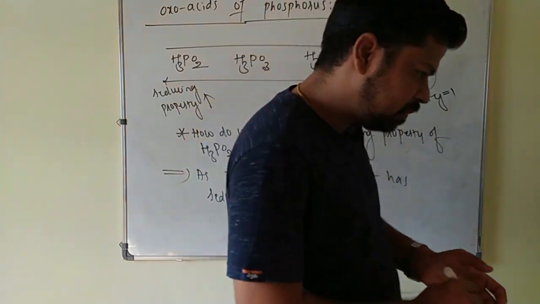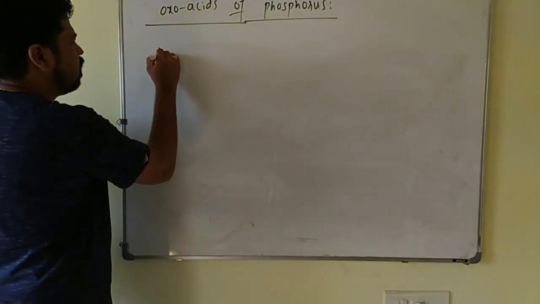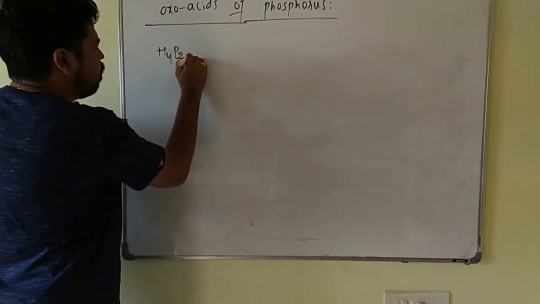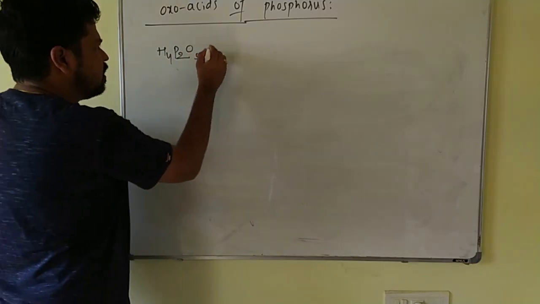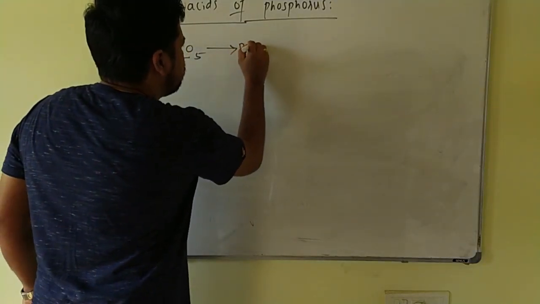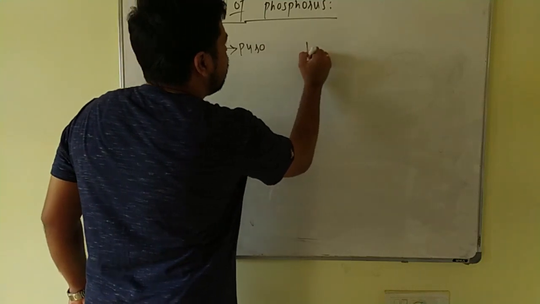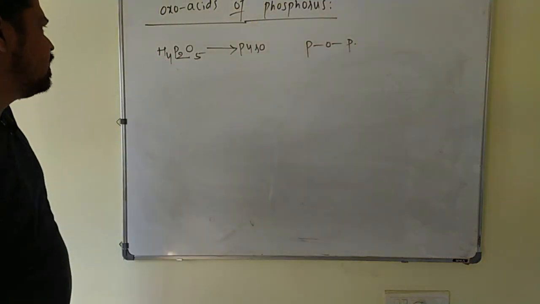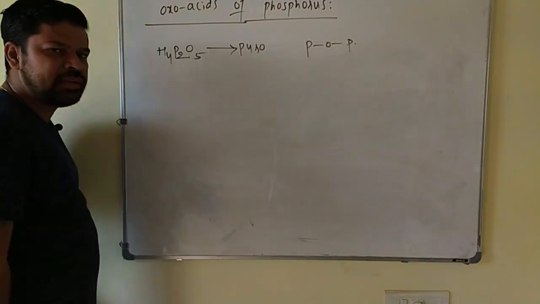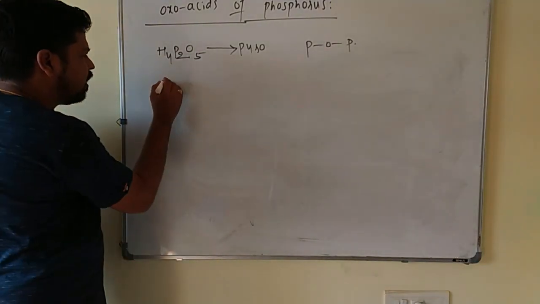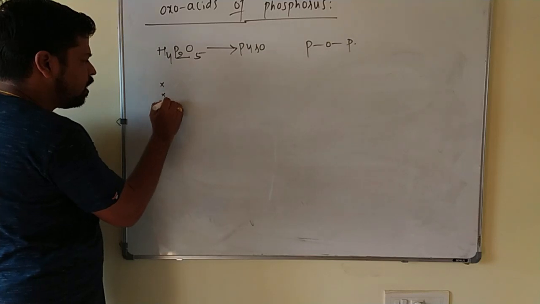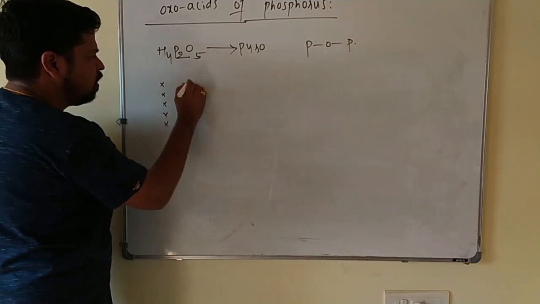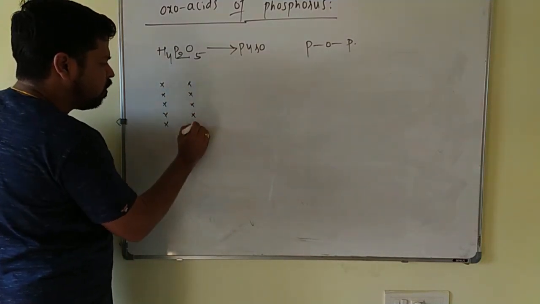Next one, that is H4P2O5. This is pyrophosphorus acid. Pyro means it contains what here? A P-O-P linkage, compulsorily. Now 2 phosphorus atoms are there, so I have to write the valence electrons of 2 phosphorus atoms, 1, 2, 3, 4, 5, here also 1, 2, 3, 4, 5.